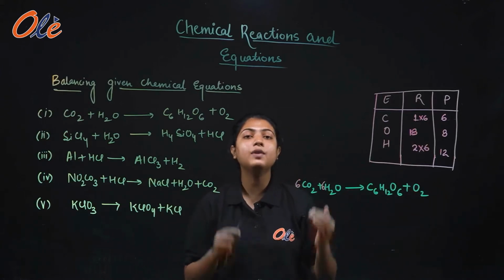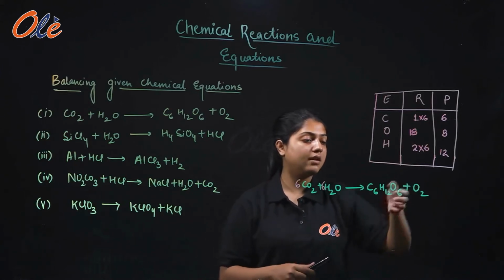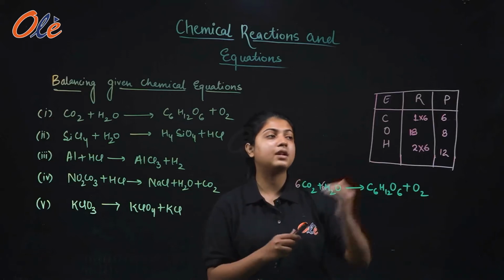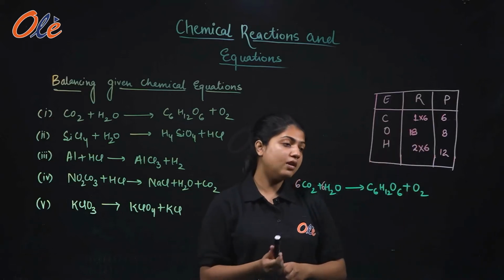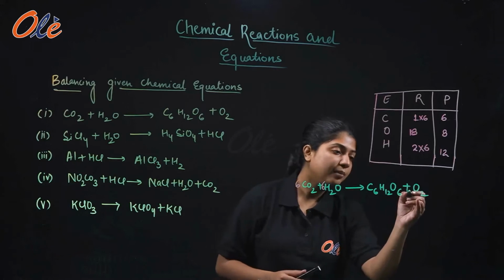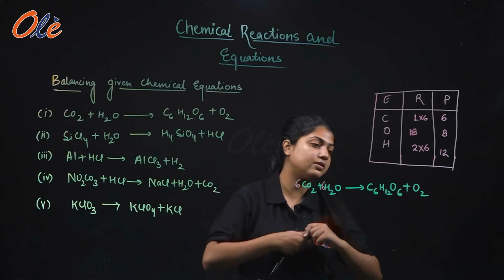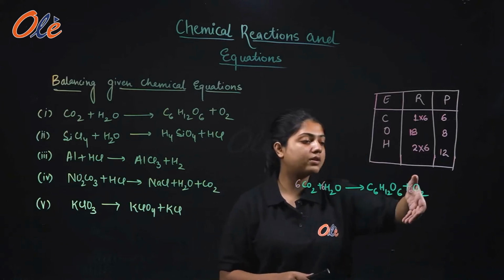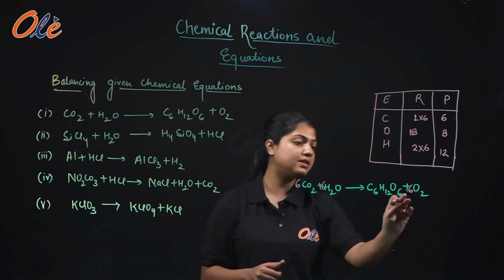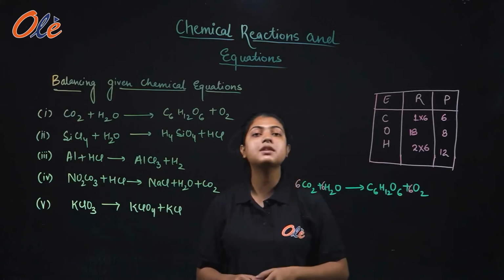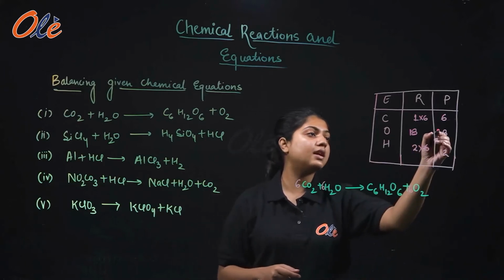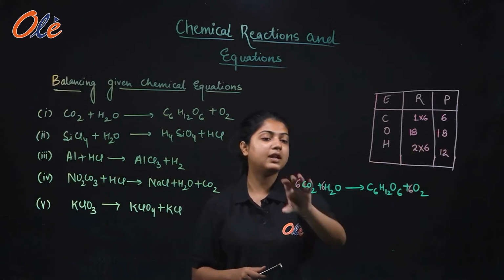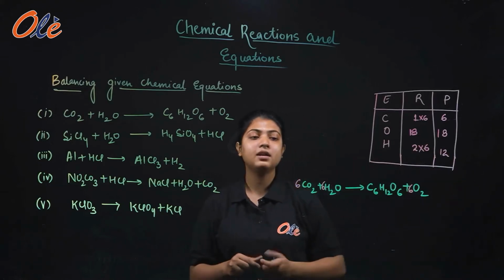So how we can make this 8 into 18? Let us just multiply this oxygen molecule by 6. If we multiply this oxygen molecule by 6, 6 2s are 12 plus 6, 18. So in this way, we can get the balanced chemical equation.